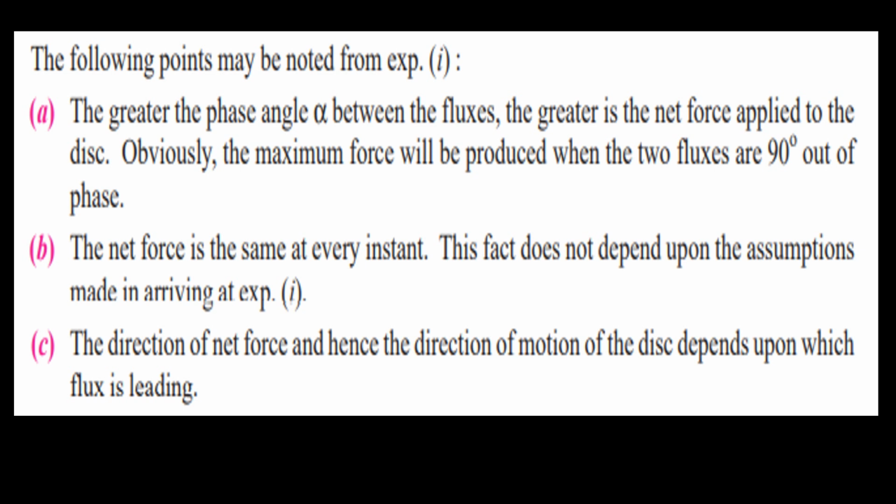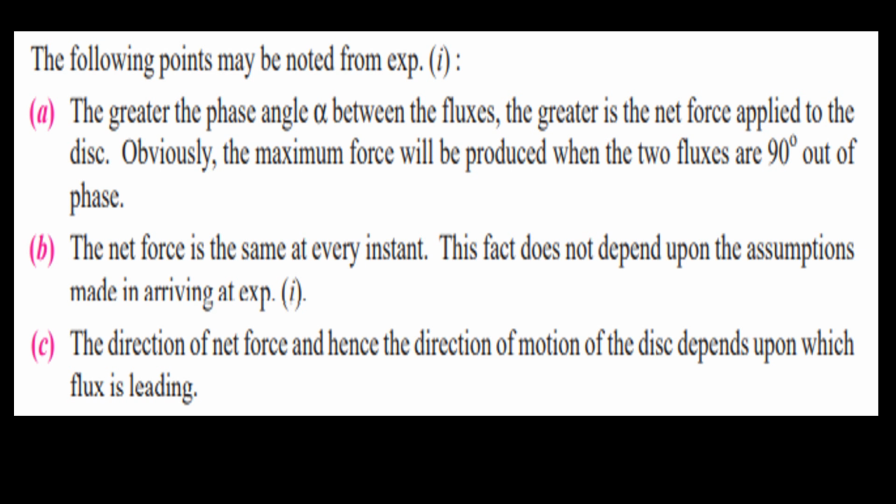From the expression of net force produced or operating torque produced, which is directly proportional to phi1, phi2 and sin alpha, we can have a few conclusions. The first one: the greater the phase angle alpha between the fluxes, the greater is the net force applied to the disc.